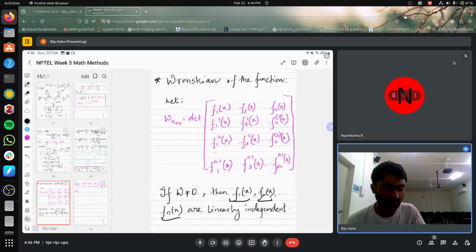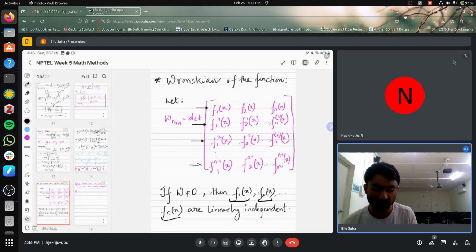What is done here basically is you form an n cross n matrix, with the first row given by the functions itself, and the remaining rows are the successive derivatives, like the first derivative and the second order derivative, and the last row is the n minus 1th derivative.